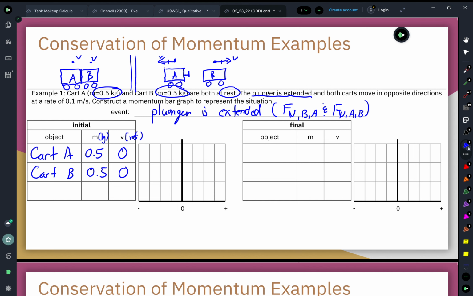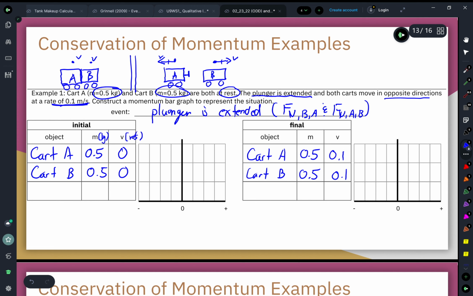For the final situation, we still have cart A and we still have cart B, and neither of their masses have changed. So I'm still writing both of those down, and I'm still showing that we have the same mass. But now we have a different velocity. Instead of neither moving, they are both moving at that rate of 0.1.